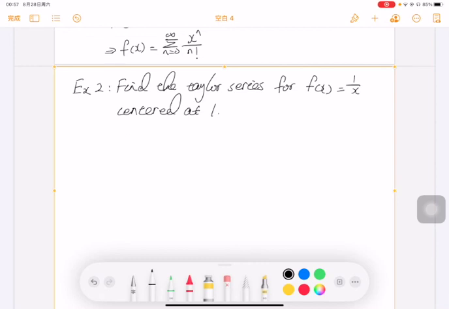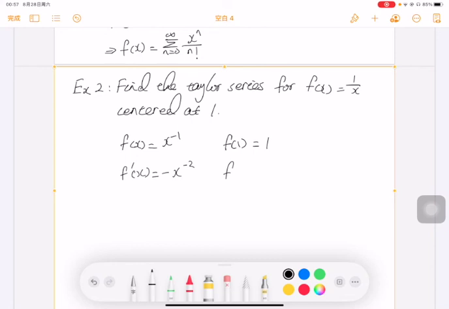Well, the 0th order derivative is f of x, so that equals 1 over x, and then f of 1 equals just 1. Then f prime of x equals, well, this is x to the minus 1. Let me rewrite 1 over x as x to the minus 1.